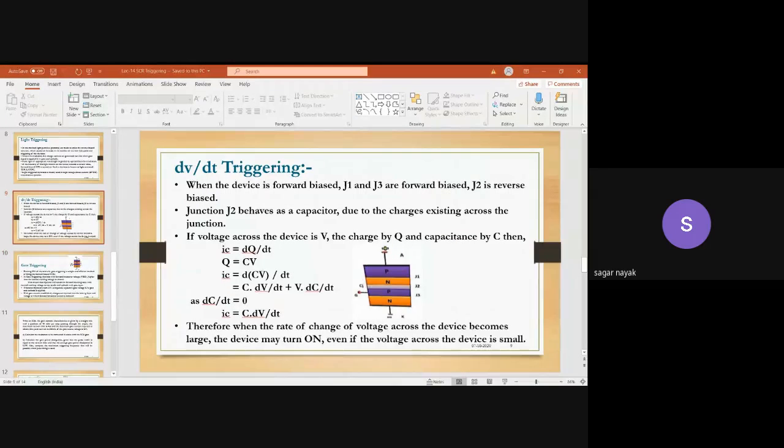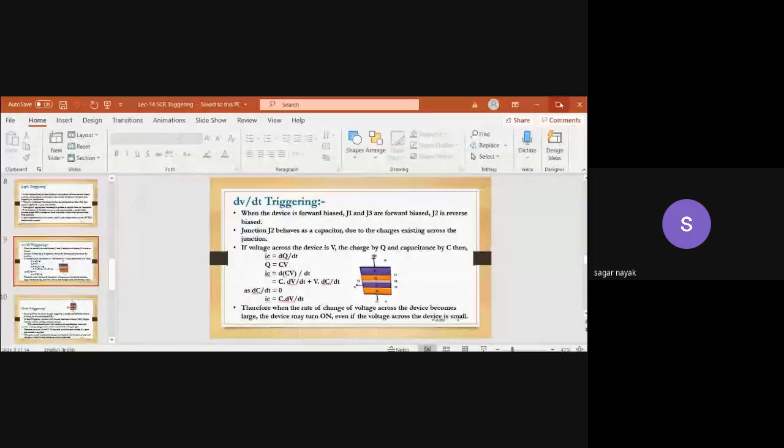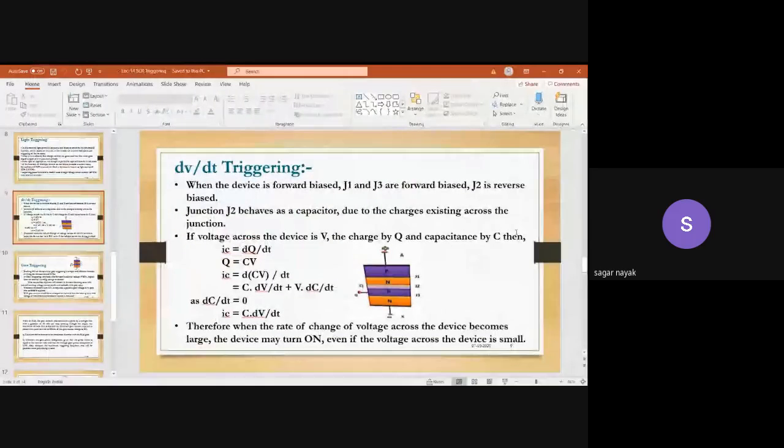Ma'am, when we consider the IC equation, it is given as a differentiation of CV, and dC by dt is taken as 0, where C is capacitance, whose expression we know is epsilon naught A by d. So d becomes the width of the region near that gate region.